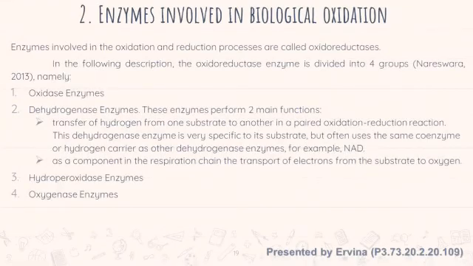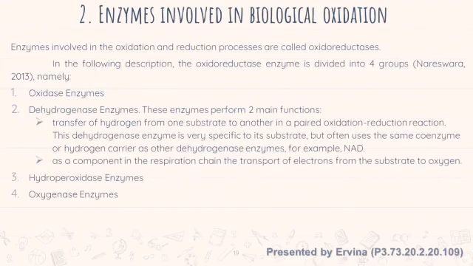Second, enzymes involved in biological oxidation. Enzymes involved in the oxidation and reduction process are called oxidoreductases. In the following description, the oxidoreductase enzymes are divided into four groups, Nareswara 2013, namely: first, oxidase enzyme. Second, dehydrogenase enzyme. This enzyme performs two main functions.